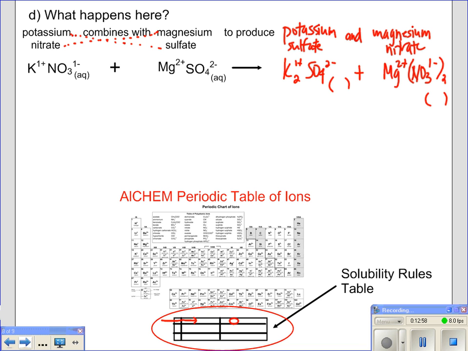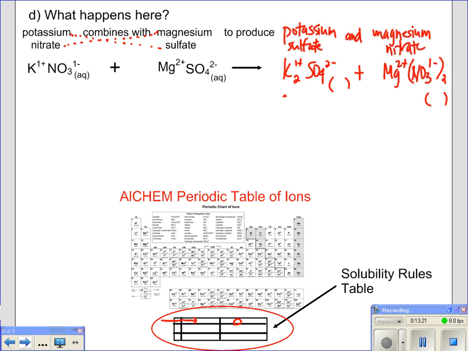What we have to do is figure out where is the cation in that column. Okay? Is it located here or is it located here? So in the first row, you will see that it says most sulfates. I mean, most sulfates are soluble. Most of them dissolve very, very well in water, but there are a few that don't.